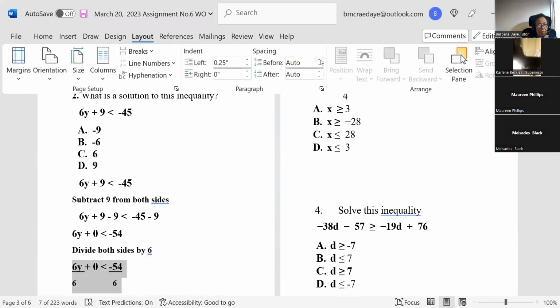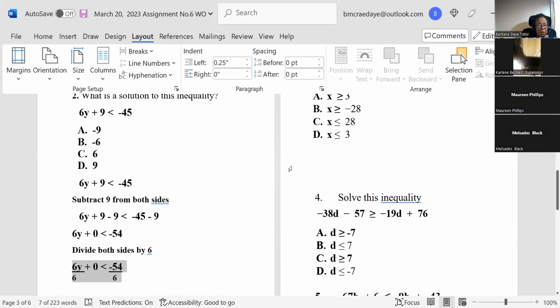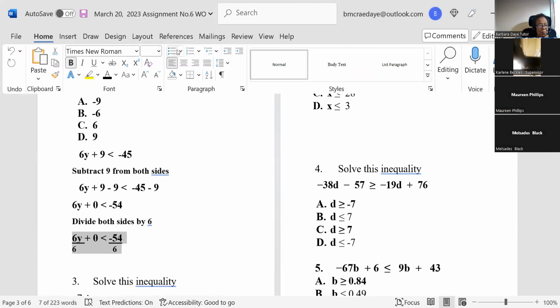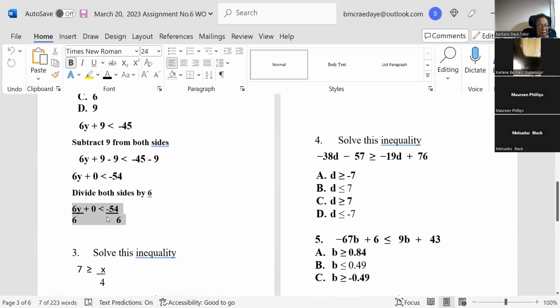That's right. So what's your answer? Minus divided by plus is minus. Okay. So therefore, we put y less than minus 9.